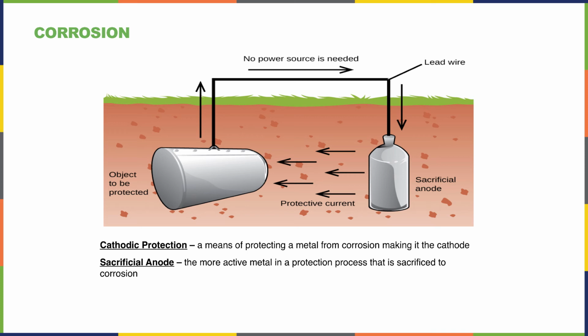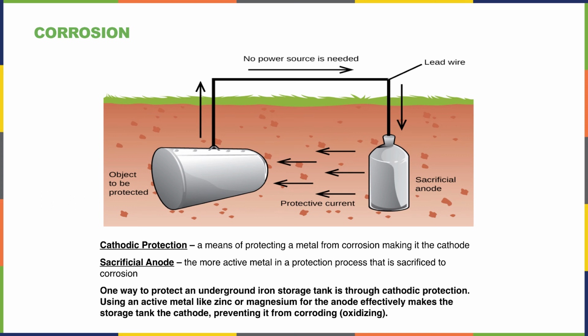Think of this in terms of the original diagram we had with the salt bridge: the wire acts as the salt bridge, and the sacrificial anode is where the oxidation is occurring, where the metal is being removed and forming ions. The cathode is the tank you want to protect, and you're keeping the metal on the tank.